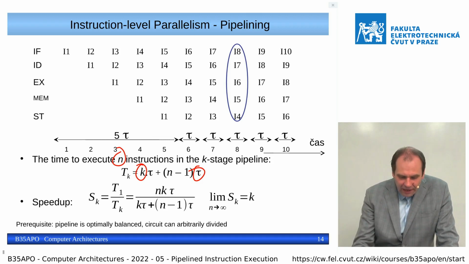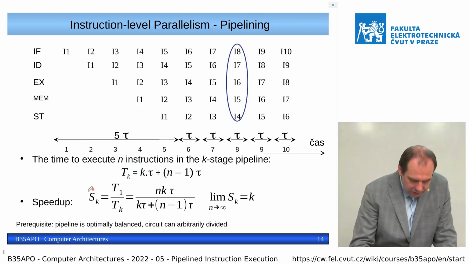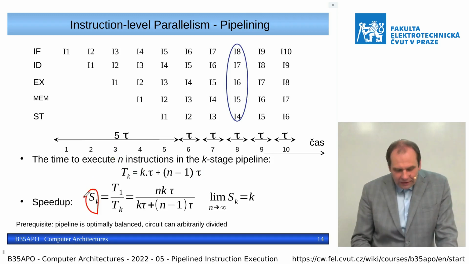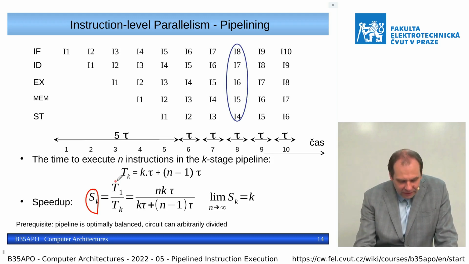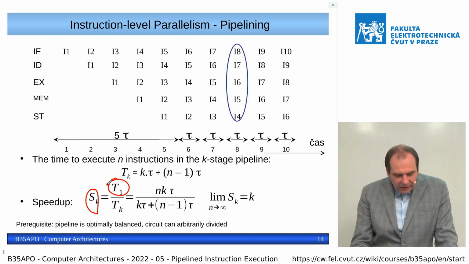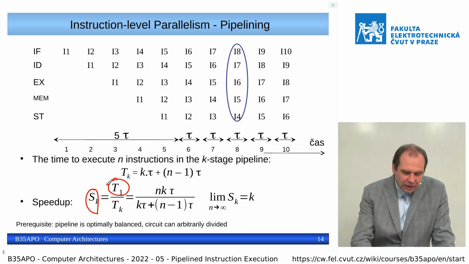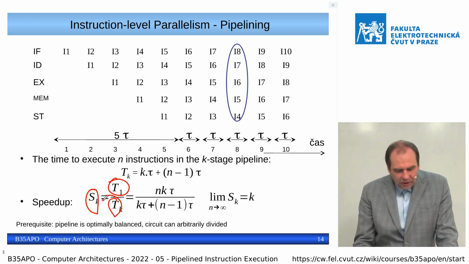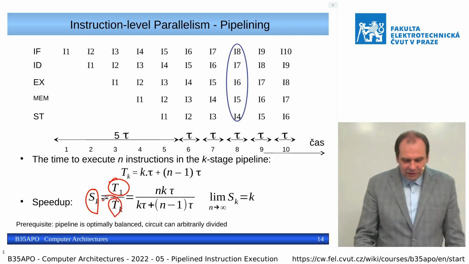If we compare the results, we compute the speed up as the ratio between the time required to execute n instructions on the single cycle CPU divided by the time on the k-stage pipeline CPU.